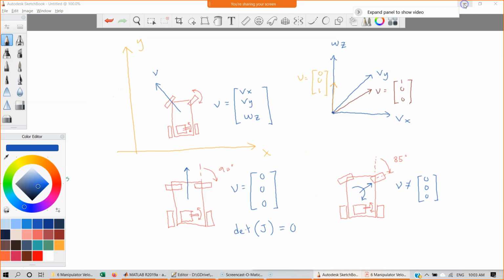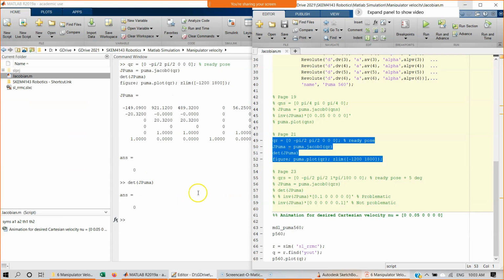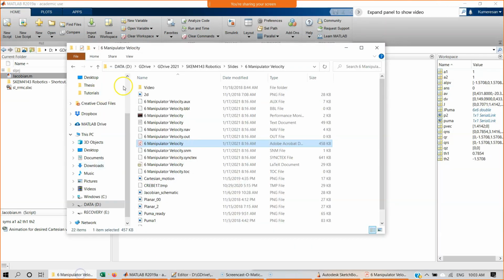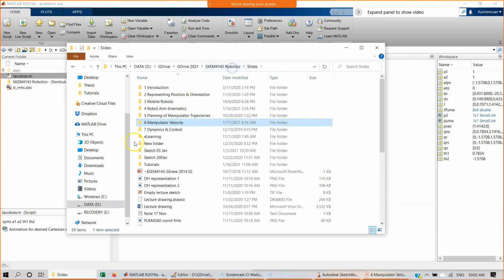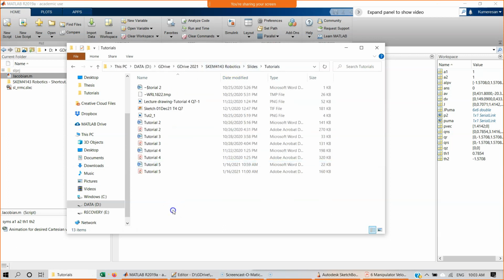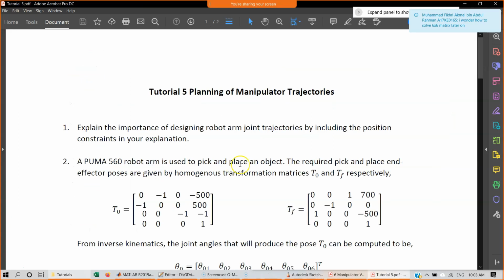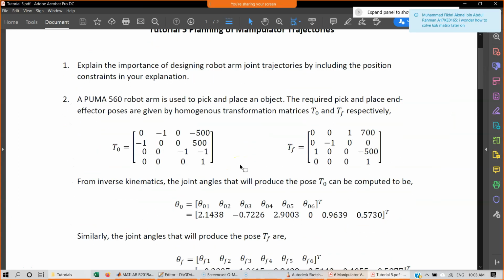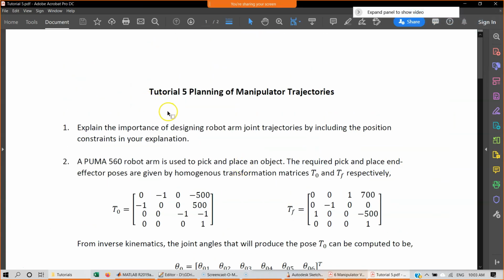So now let's look at your tutorial number 5. I'm just going to give you a guide if you have any problems. So before I talk about it, have you tried tutorial 5? Do you have any question for me?